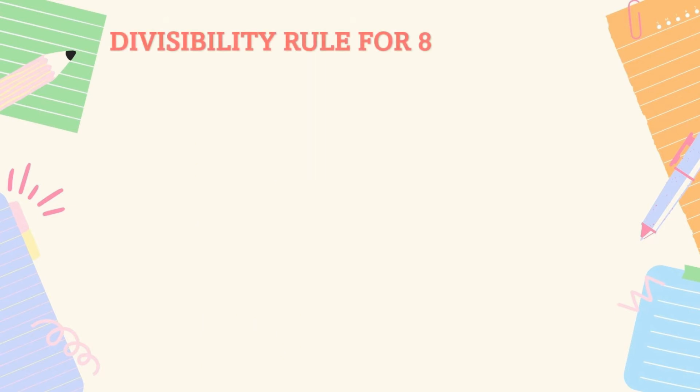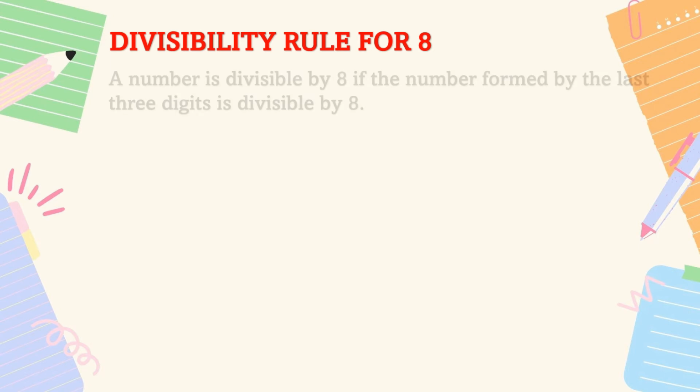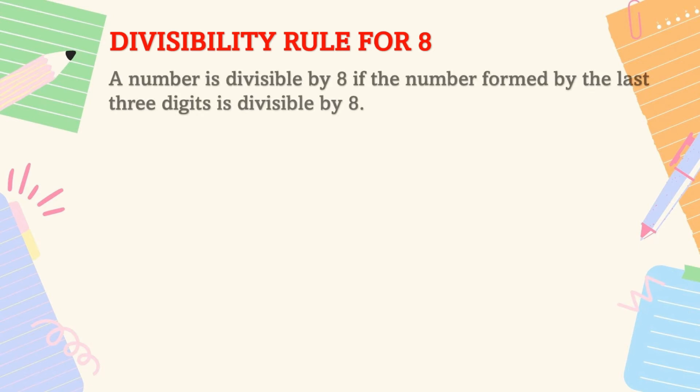Our next rule is the divisibility rule for 8. A number is divisible by 8 if the number formed by the last three digits is divisible by 8. For example, 23,888.